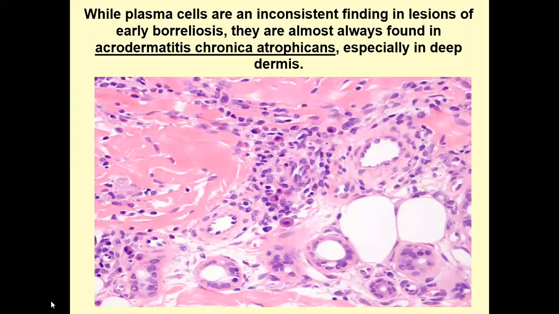So just keep this tip, and remember that the presence of plasma cells in the infiltrate is an indicator of the diagnosis of acrodermatitis chronica atrophicans.